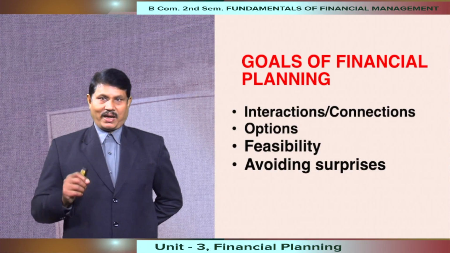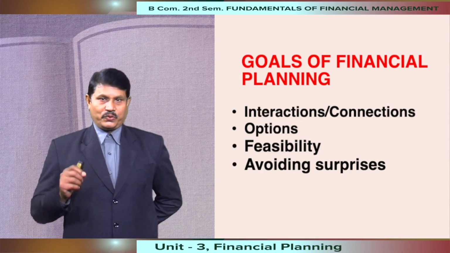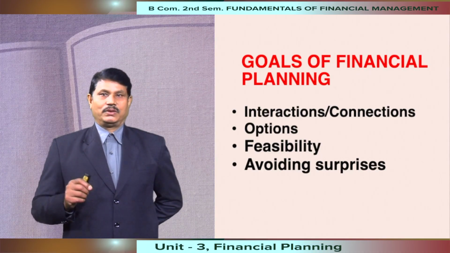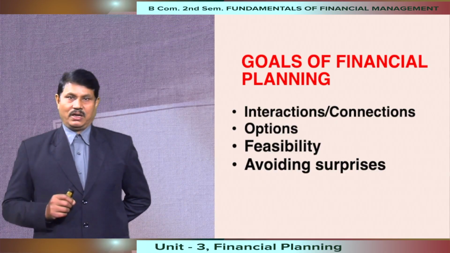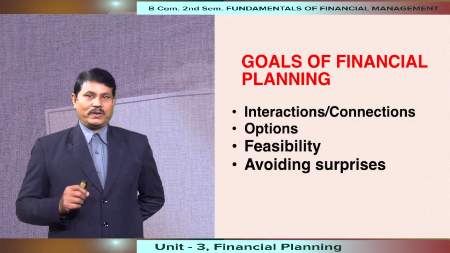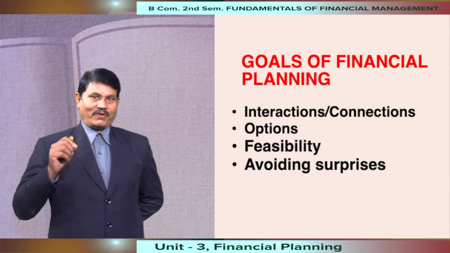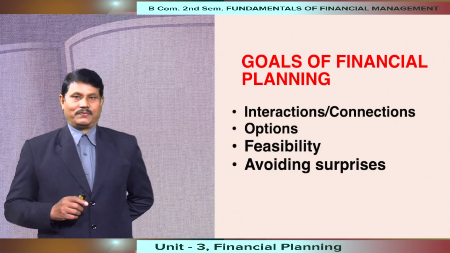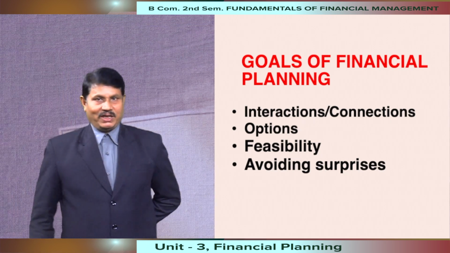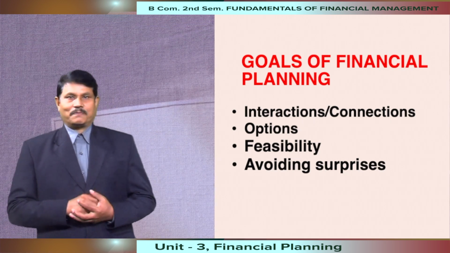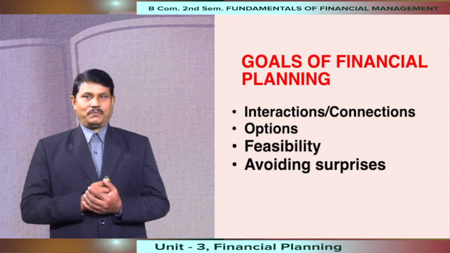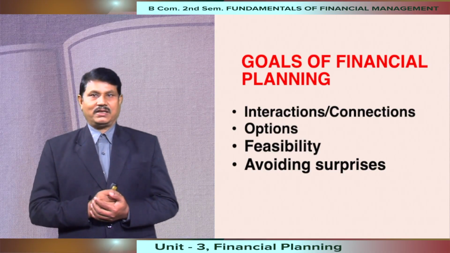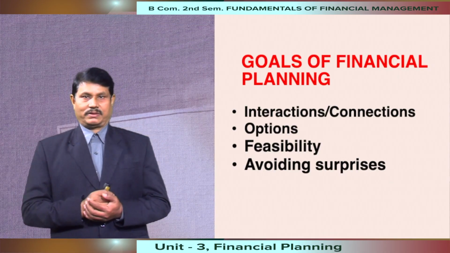The financial plan provides the opportunity for the firm to work through various investment and financing options. The firm addresses questions of what financing arrangements are optional. Next one is feasibility. The different plans must fit into overall corporate objective of the maximizing shareholders' wealth.